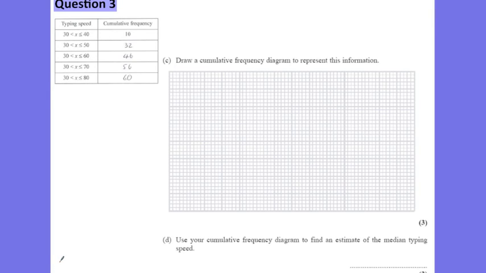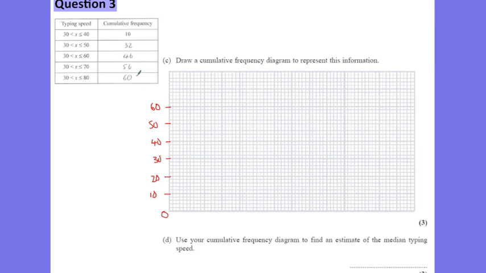Okay, so we're now going to plot this information onto the cumulative frequency diagram. Here we need to add some axes in. We start here with 0, and our cumulative frequency goes up to 60. So it would be sensible to go up here in tens. Three, 4, 5, here 50, and then again here 1, 2, 3, 4, 5, 60.